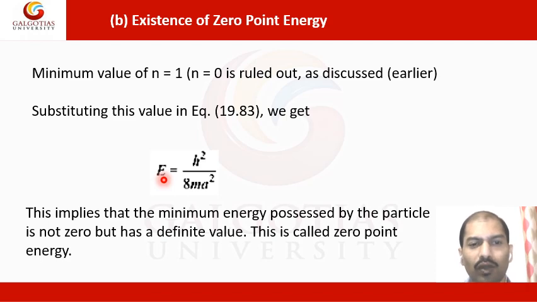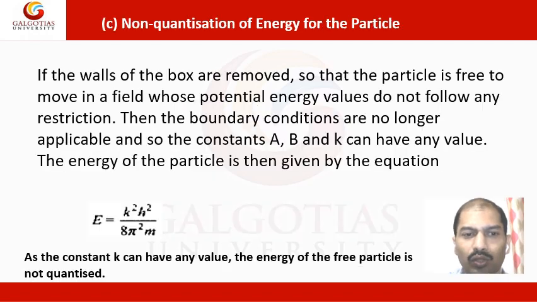So for the ground state energy or zero point energy, if you are asked to calculate it, you have to put the value of n equal to 1. The overall solution will be h² upon 8ma², and then you will be able to calculate the zero point energy or ground state energy for a particle in a one-dimensional box.